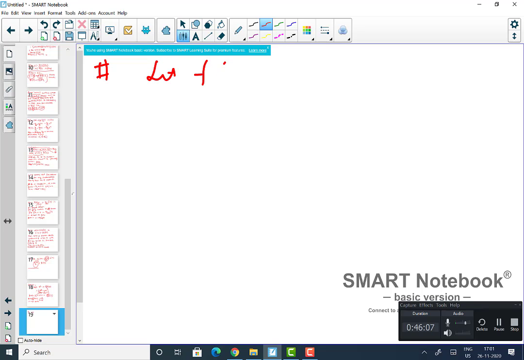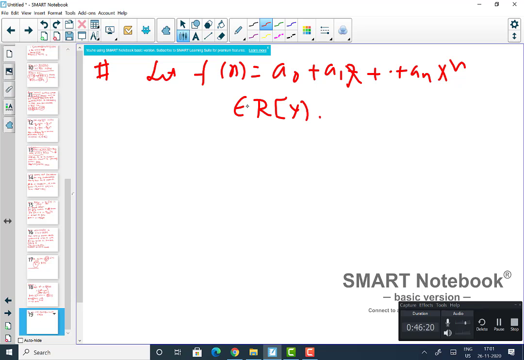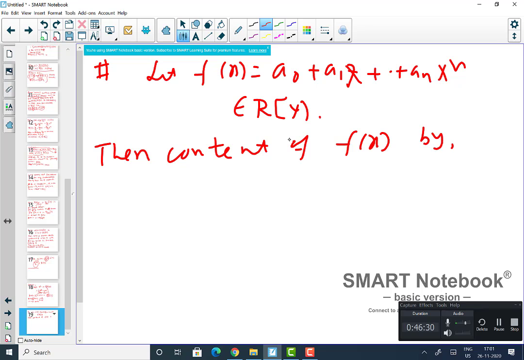Let f(x) equal a0 + a1 x + ... + an x^n, an element in some polynomial ring. So we define the content of the polynomial f(x) by c(f), or sometimes c(x).